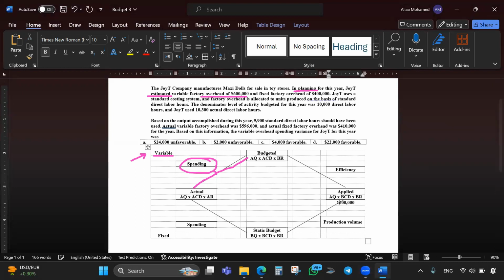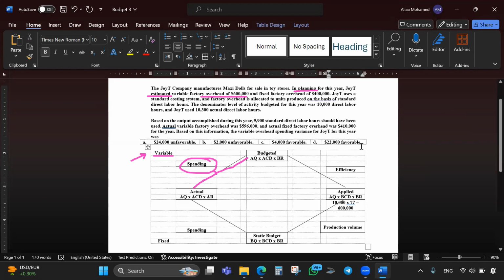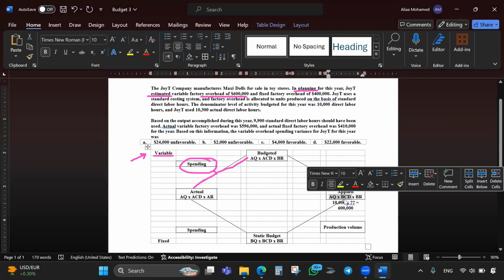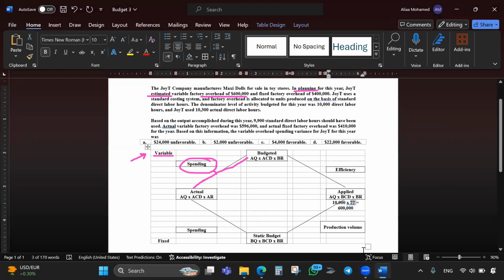All right, here, 10,000 direct labor hours multiplied by, I don't know, is equal to 600,000. Now you can see that actual quantity of outputs multiplied by budgeted cost driver is equal to 10,000 direct labor hours. I can calculate now the budgeted rate.